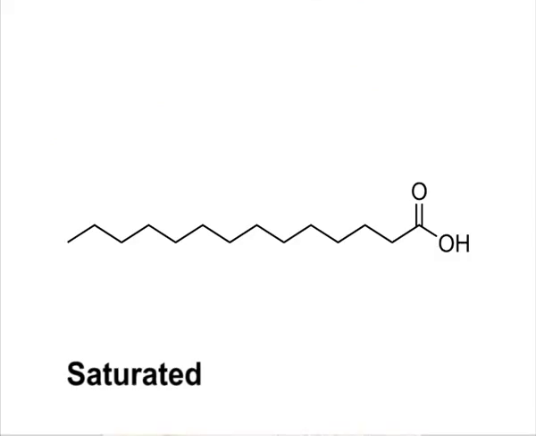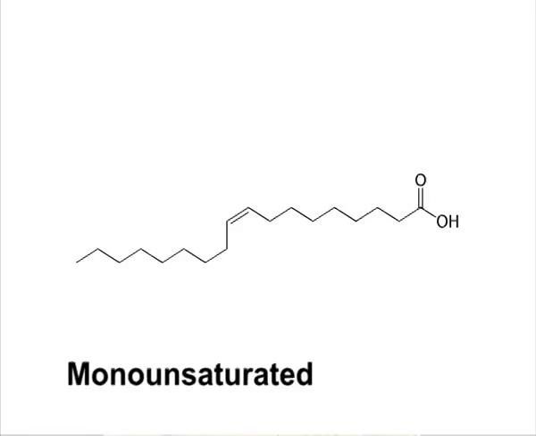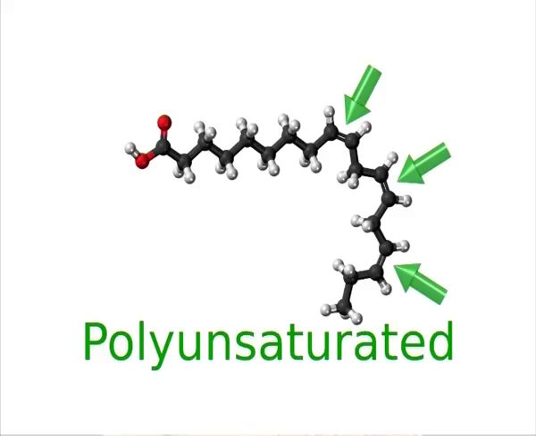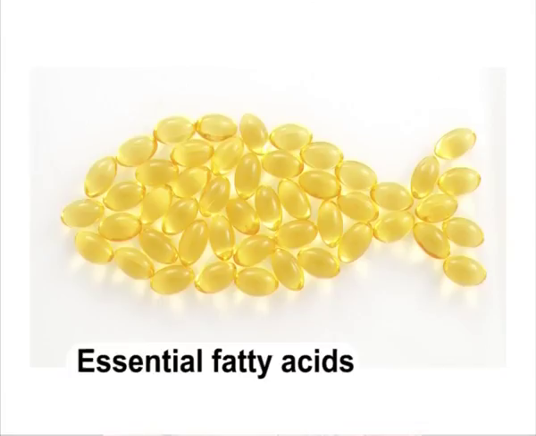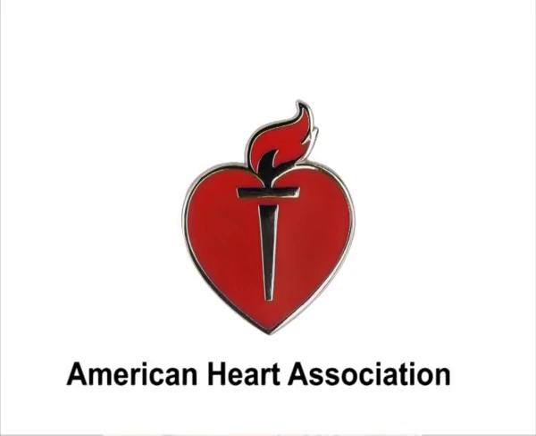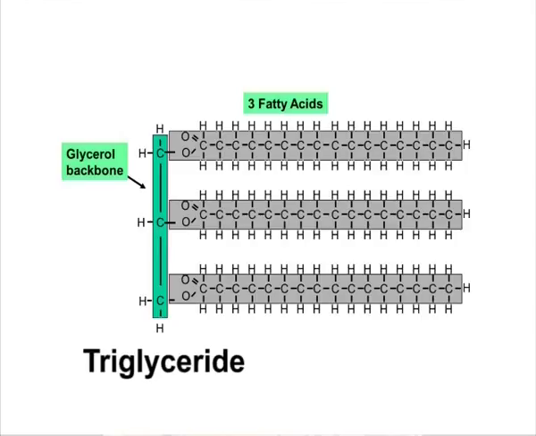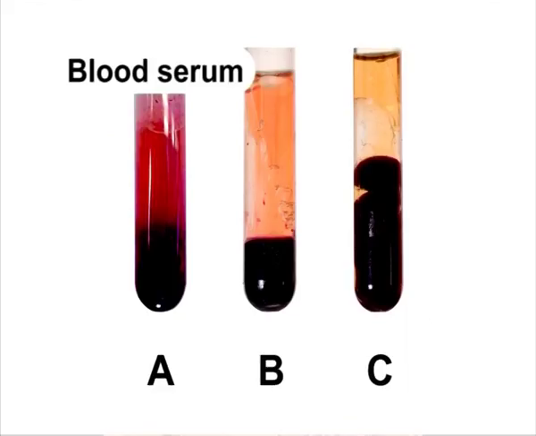Rice bran oil reportedly has a ratio of saturated, monounsaturated, polyunsaturated, and essential fatty acids that is close to the ideal ratio recommended by the American Heart Association. It also has significant cholesterol and triglyceride reducing properties in the blood serum.